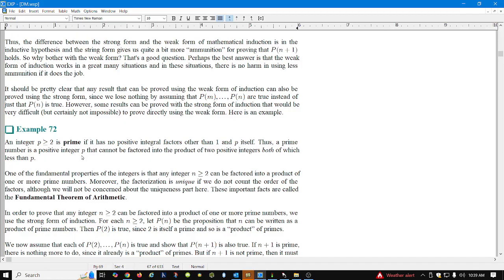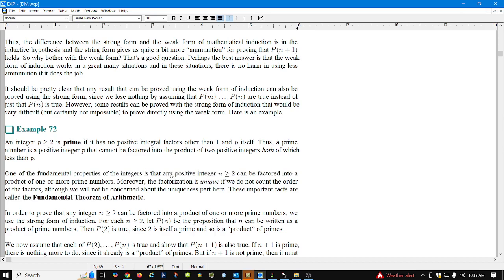One of the fundamental properties of the integers is that any positive integer bigger than or equal to 2 can be factored into a product of prime numbers, one or more. If it's prime already, we consider that a factorization into primes.